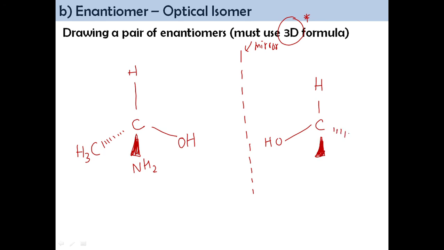Okay, I hope that you can draw. So the others you just have to keep the same. Okay, what changes? OH, the position. Okay, because it has become a reflection. So next, label it. Enantiomer. Okay, your enantiomer or optical isomer is done.